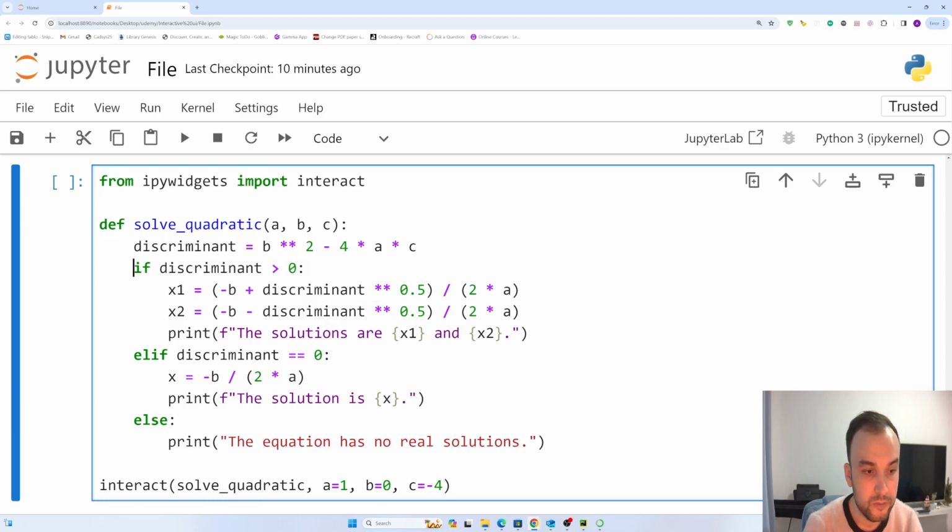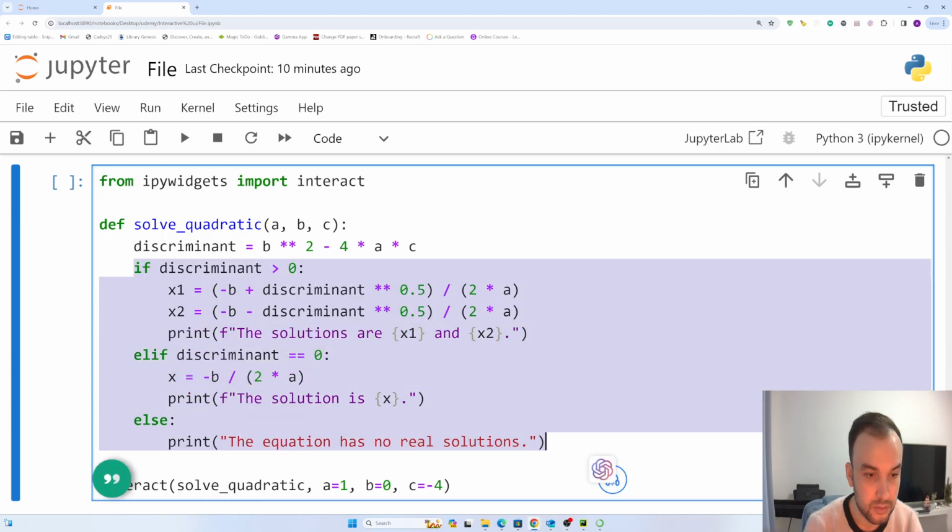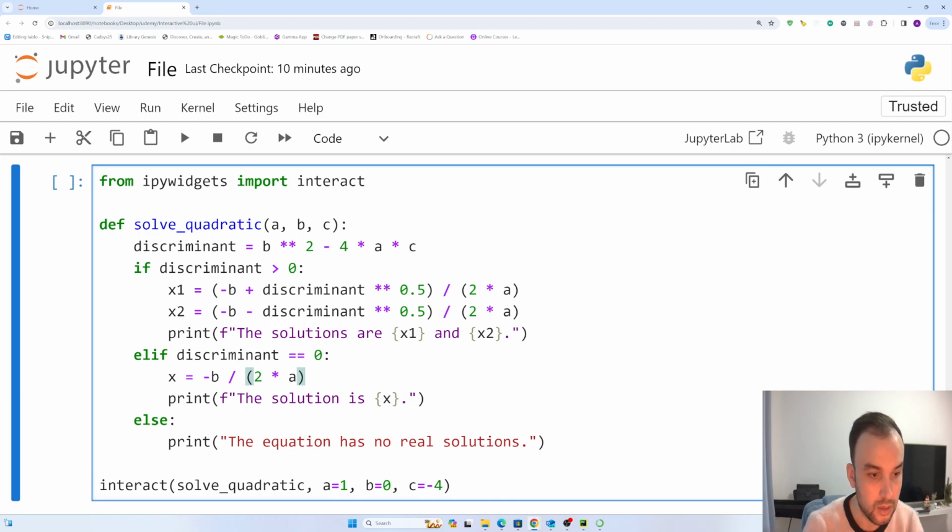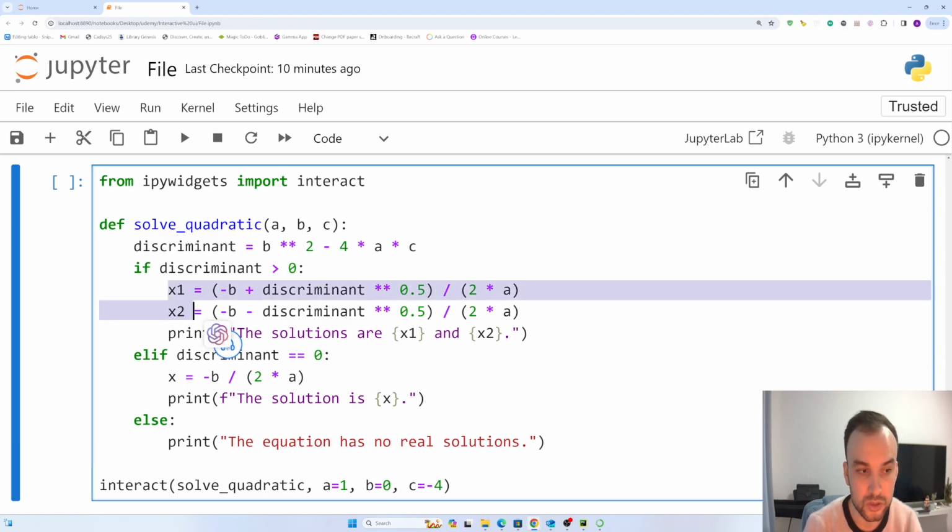And we have three different conditions here. First condition: if the discriminant is bigger than 0, that means we have two different solutions, x1 and x2.